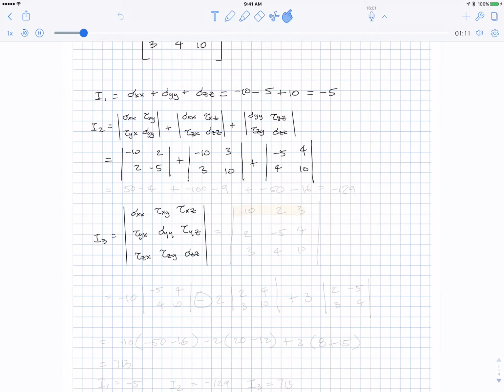And the determinant in 2D is just the downward diagonal minus the upward diagonal, so that's 50 minus 4 plus minus 100 minus 9 plus 50 minus 16. If you add that all up, you get negative 129.